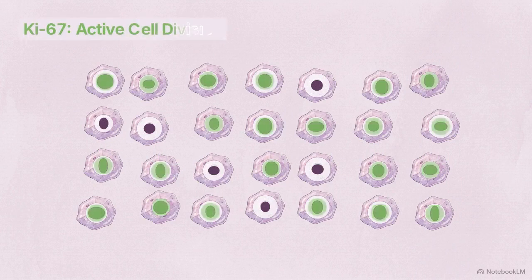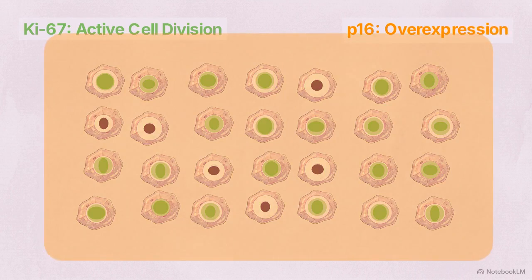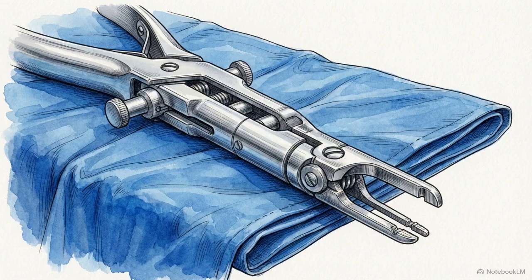Pathologists look for high K67 proliferation indices and P16 positivity. K67 is a protein that serves as a marker for active cell division, while P16 is overexpressed when the cell cycle is disrupted by HPV oncoproteins. The definitive diagnostic gold standard remains the colposcopic tissue biopsy.